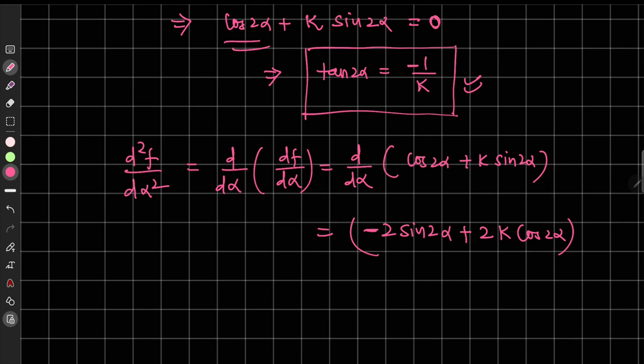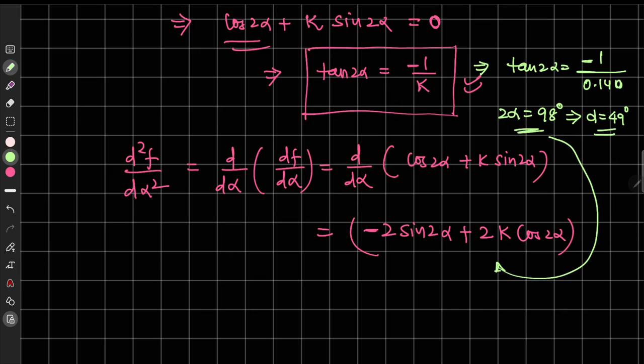Now let us substitute the value of k here. So we can write tan of 2 alpha is equal to minus 1 divided by 0.140, and if we evaluate this, then we will get 2 alpha is equal to 98 degree, or alpha is equal to 49 degree. Okay, and if we substitute the value of 2 alpha is equal to 98 degree here, sin 2 alpha will be positive and cos 2 alpha will be negative.